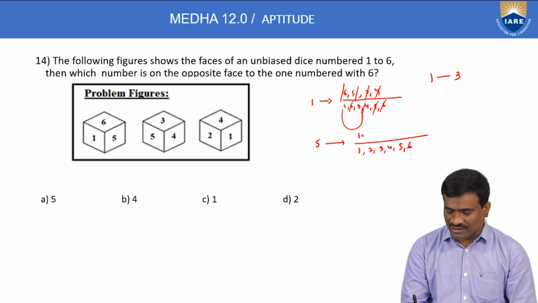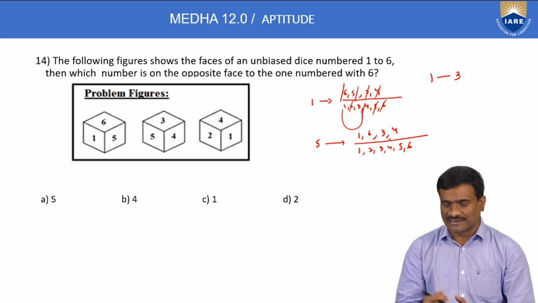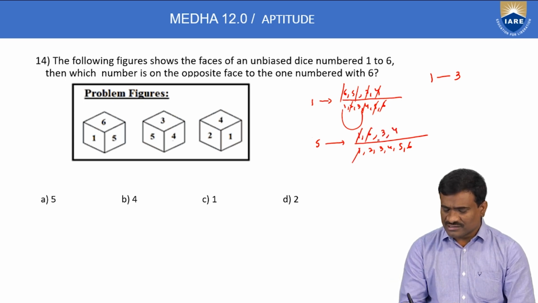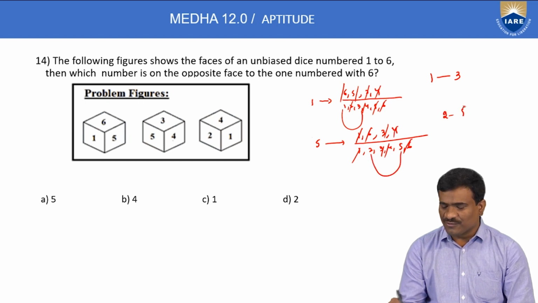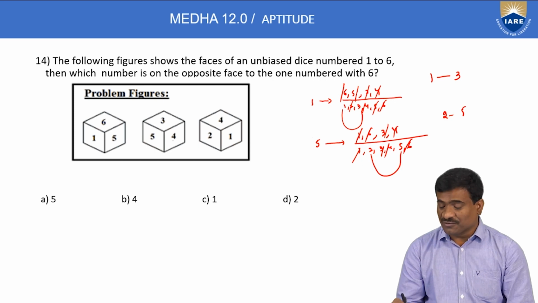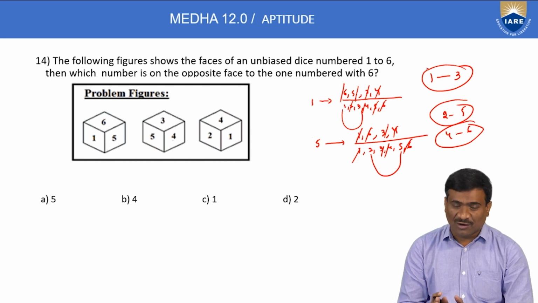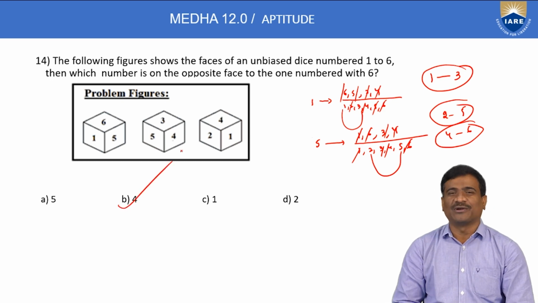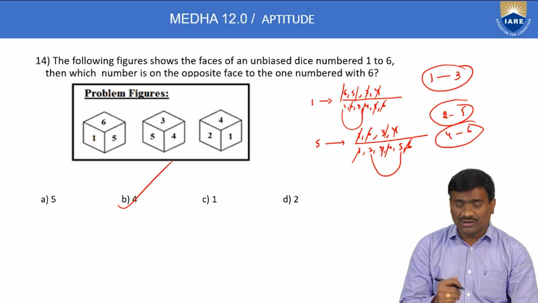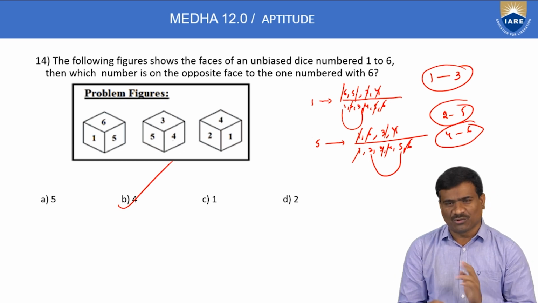First dice 1, 6. Second dice 3, 4. Next part, cancel 1, 6, 3, 4. Next 2 is opposite to 5, 5 opposite to 2. Remaining 4, 6, means 4 is opposite to 6, 6 opposite to 4. We want only 6. The number opposite to 6 is only 4. Option B only correct.